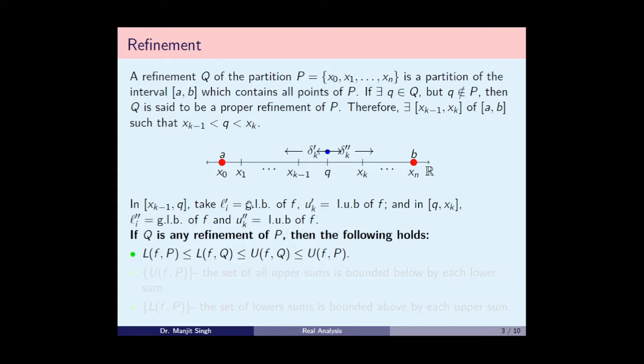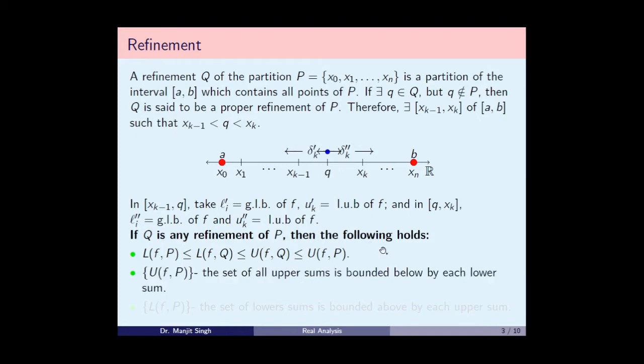So corresponding to this subinterval xk minus 1 to q, the function is bounded, and hence the greatest lower bound and least upper bound values of the function can be defined in each new subinterval also. There is an observation: if Q is a refinement of P, then the following conditions hold.